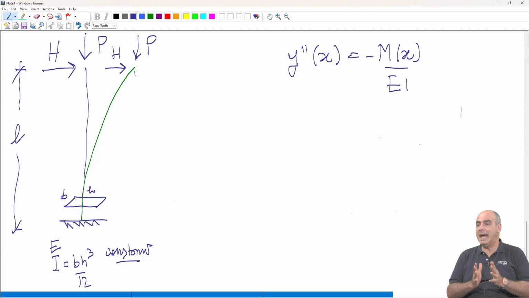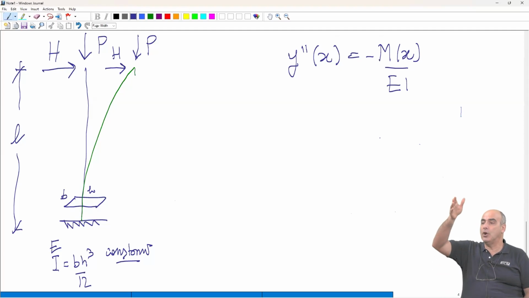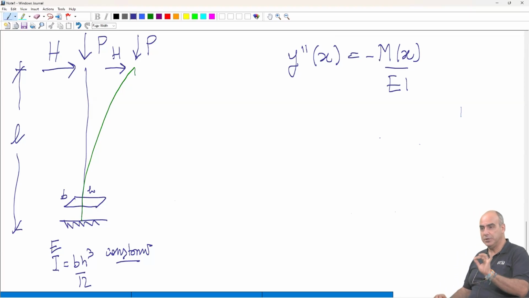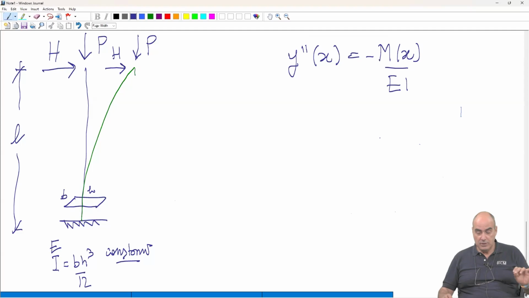Well, generally, x is the axial coordinate along the beam axis, in this case, the column axis, and y represents a deflection. Well, in this case, the reference system that we choose is a choice by the analyst. The analyst is the structural designer. So we can choose the reference system that we want. And actually, depending on the reference system, this equation may change its shape.